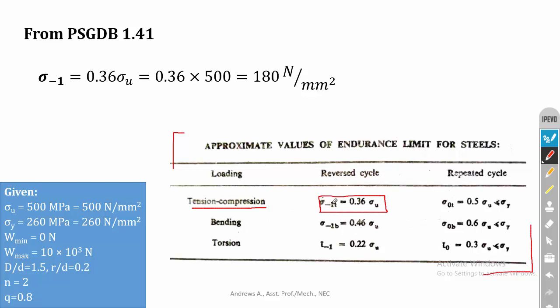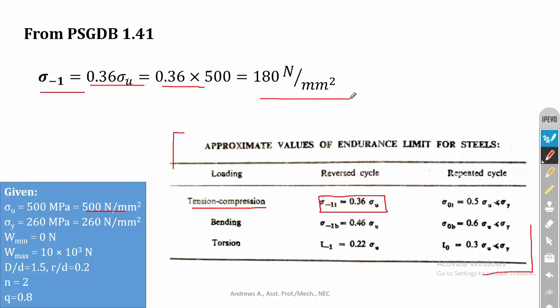For reverse load it is 0.36 sigma u. Okay. So you can substitute that. It is sigma minus 1 is equal to 0.36 sigma u. So sigma u is directly given in the problem. It is 500 megapascal. So you can substitute it. That is equal to 0.36 into 500. That is equal to 180 Newton per mm square.